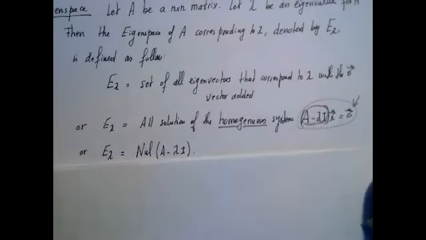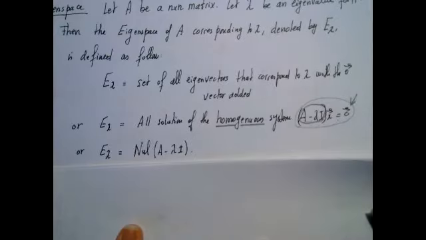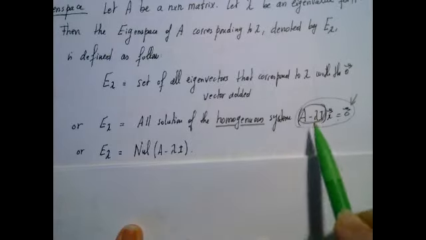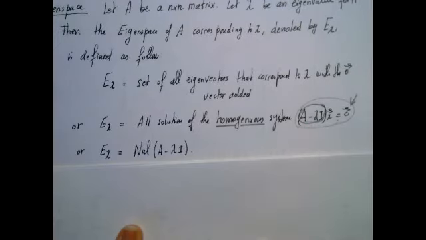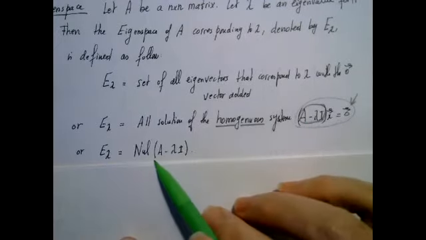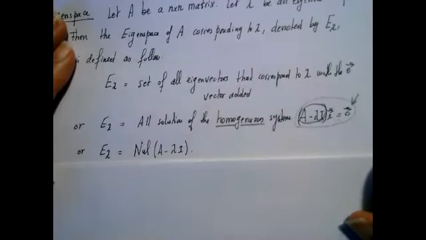So the eigenspace basically is all the eigenvectors with the 0 vector added to it. But what are the eigenvectors? The eigenvectors are all the solutions of this homogeneous system. And those were given a name, and we call them the null space of A minus lambda I. That's really what we have.